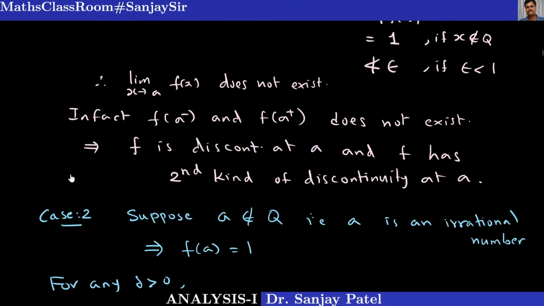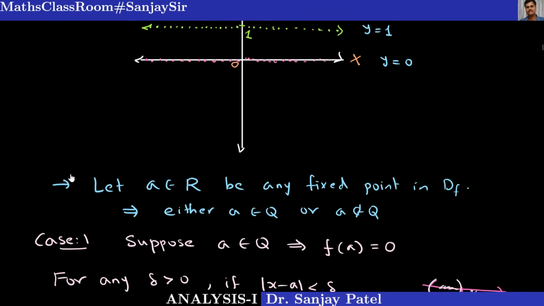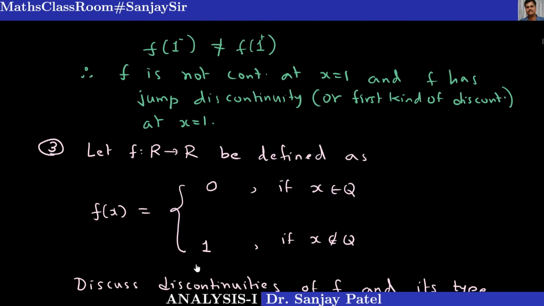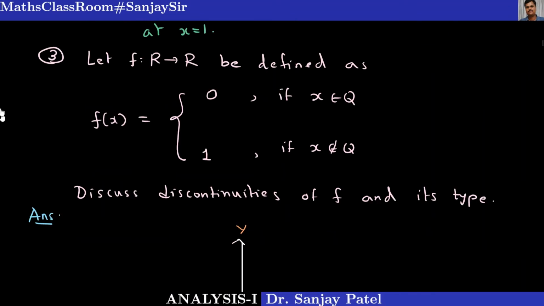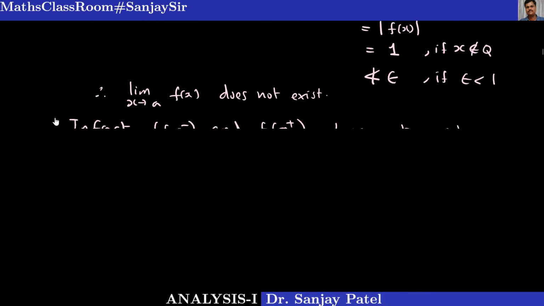So we have seen that f(x) equal to 0 when x is rational and equal to 1 if x is irrational is not continuous anywhere. Now let us take the fourth problem.